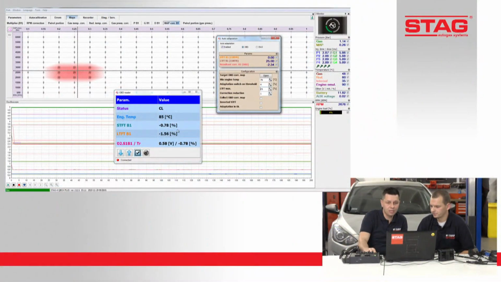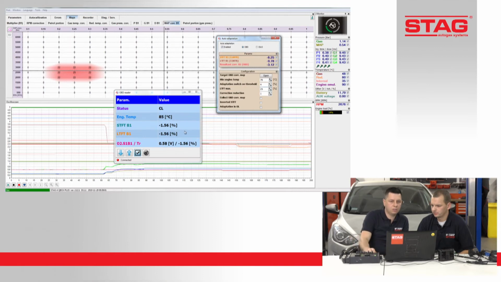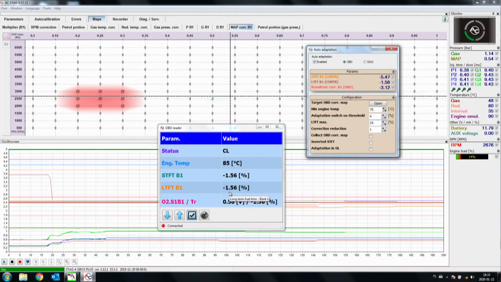Okay? Yeah. Let's check one more situation. We are in a different part of the map, and right now the system is changing, made some changes, but as you can see, maybe I will limit some. Okay, what is happening right now? We have minus 156, minus 156, so the resultant correction is minus 3. Okay? Minus 3. So the system is changing the injection time.